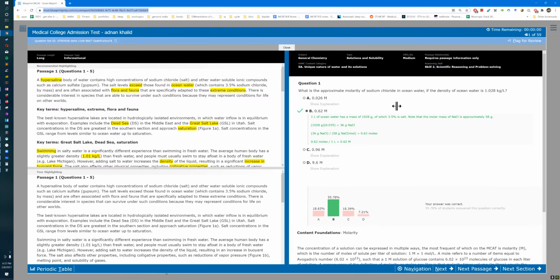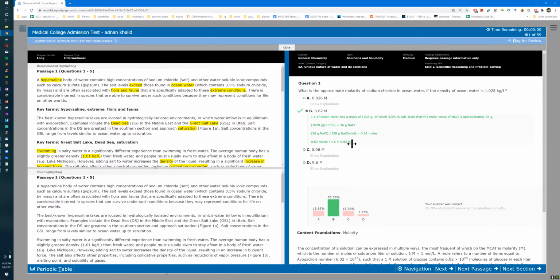Basically you just take the mass of it, and you get 3.5% of it, which is pretty hard to do without a calculator, so I turned the 3.5% into 7 over 200, which I multiplied by that, and I basically got something very similar to 35 because of the 3.5% aspect, but it's a little higher, so that's why they put 36.